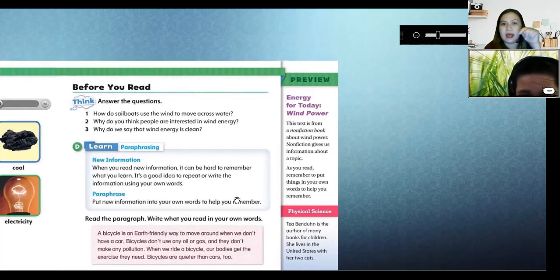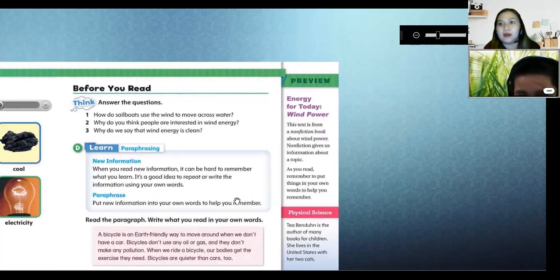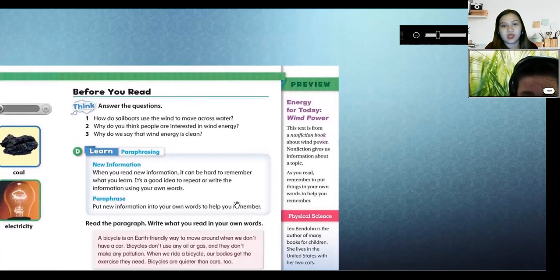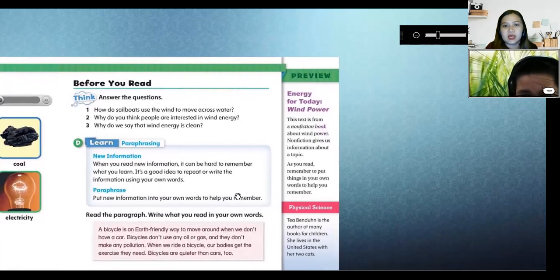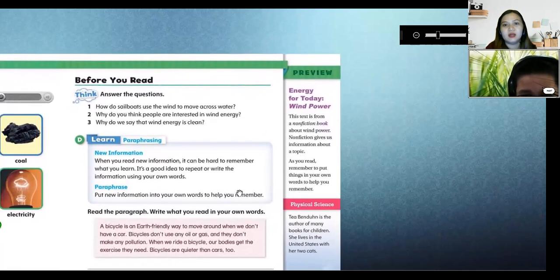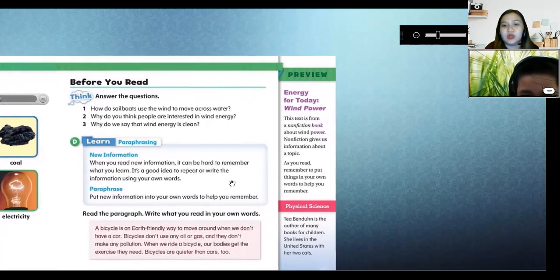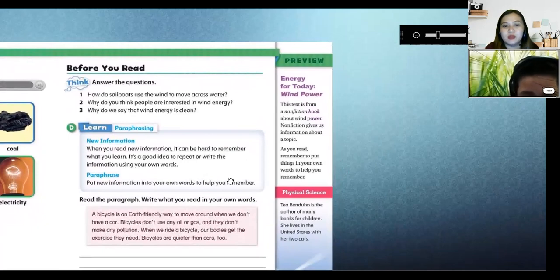So this text is a non-fiction, meaning it's facts about wind power. Non-fiction gives us information about a topic. And of course, as you read, remember to put things in your own words to help you remember. As you read and listen, I want you to write or put things in your own words so that you can remember.